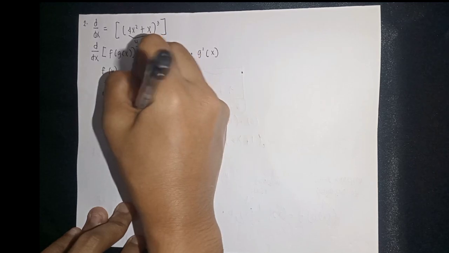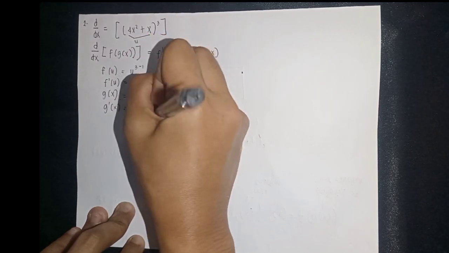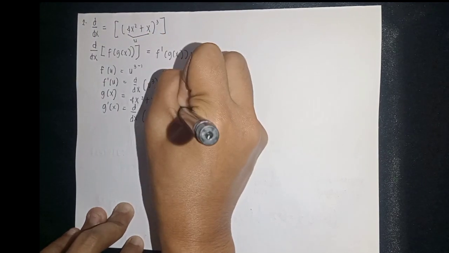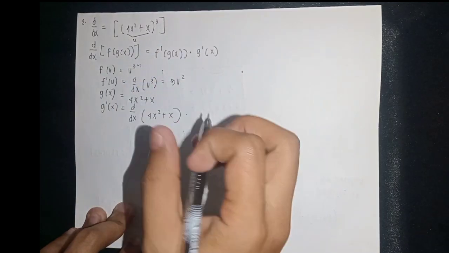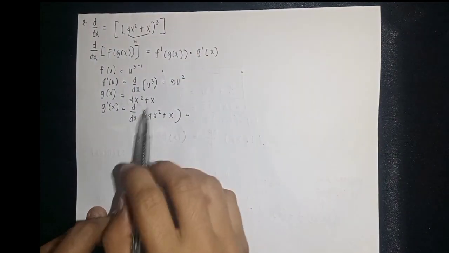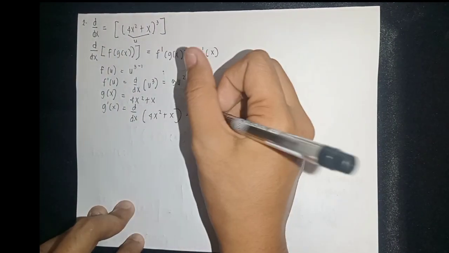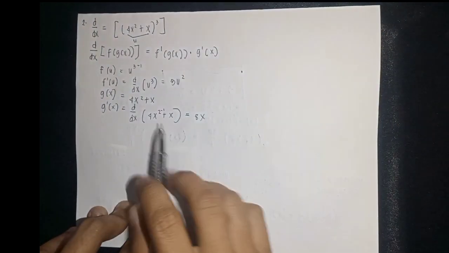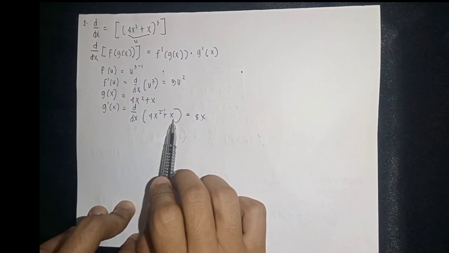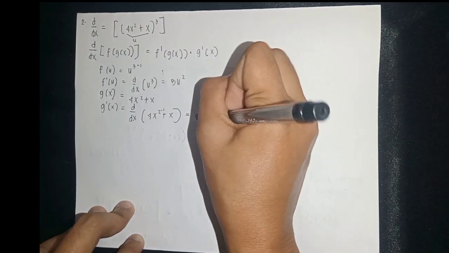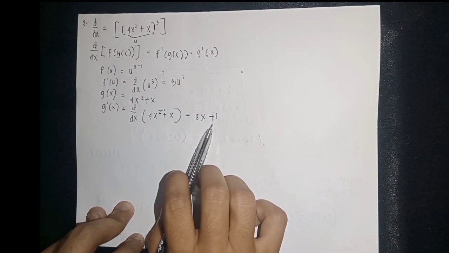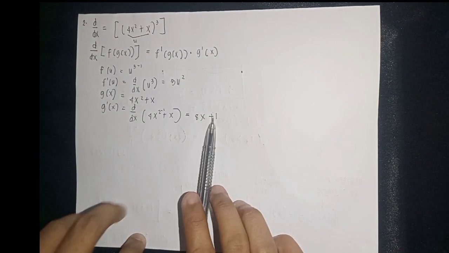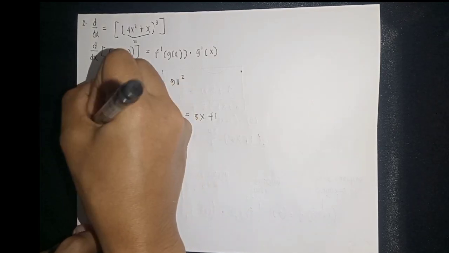We need to use the power rule on the 4x squared. So 4 times 2 is equal to 8x, and then 2 minus 1 is definitely 1. Then the derivative of x is definitely 1.